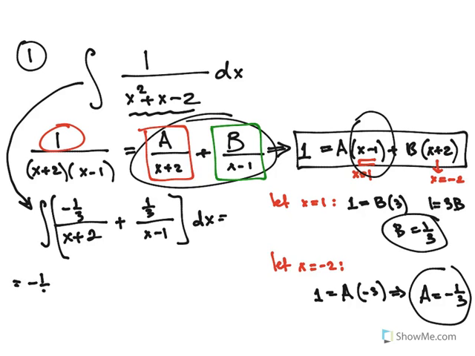Now pull out negative 1/3. Now what's the integral of 1 over x plus 2? It's ln of x plus 2. What's the integral of 1 over x minus 1? It's ln of x minus 1 plus, well, it's plus C, right? Now it depends.